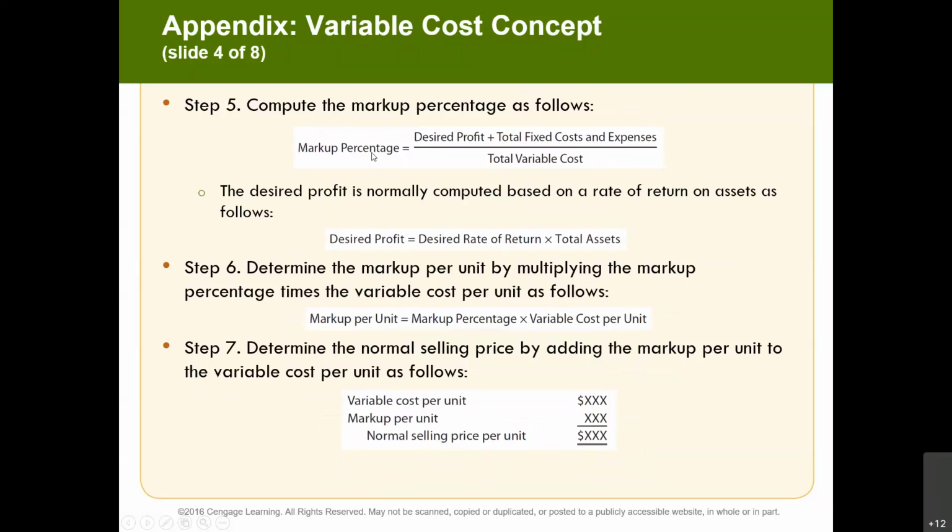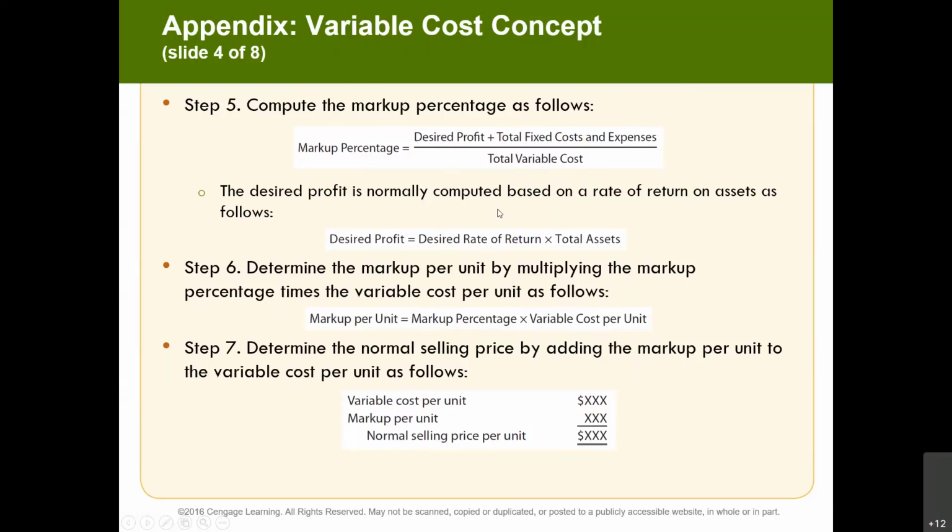To get the markup percentage, it's the same concept from before. We take our desired profit, add that to our total fixed cost and expenses, divide that together by our total variable cost. Again, order of operations, make sure you do the numerator first.